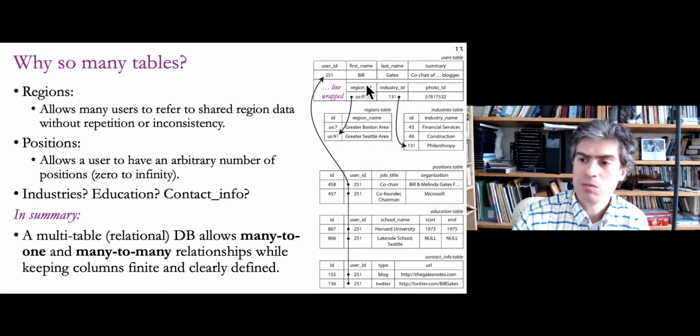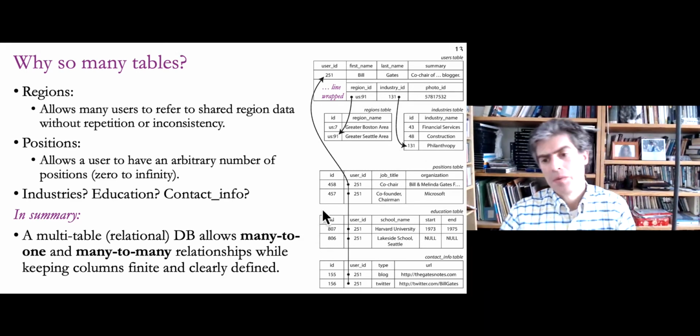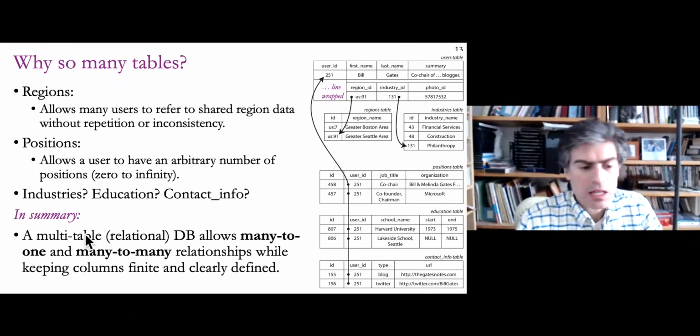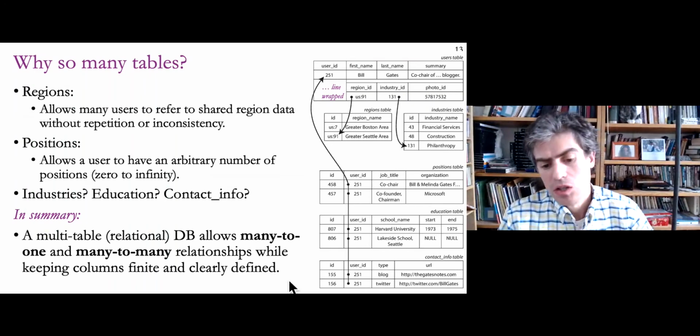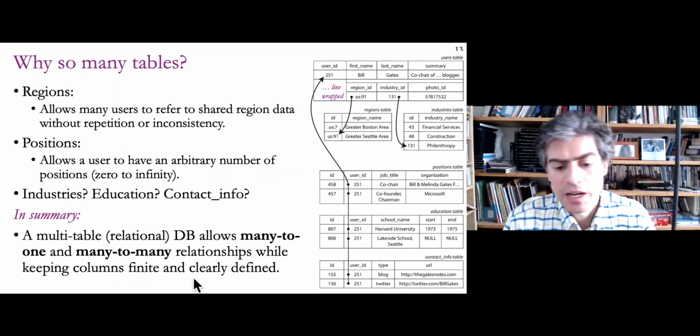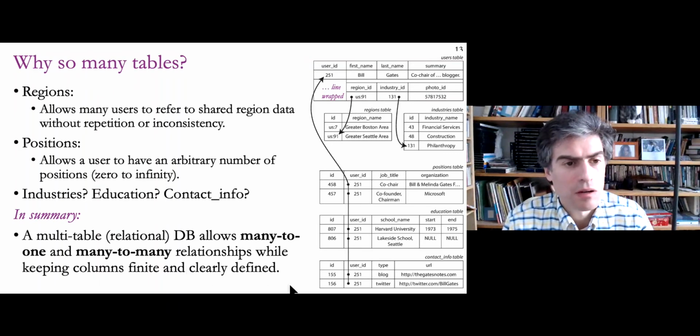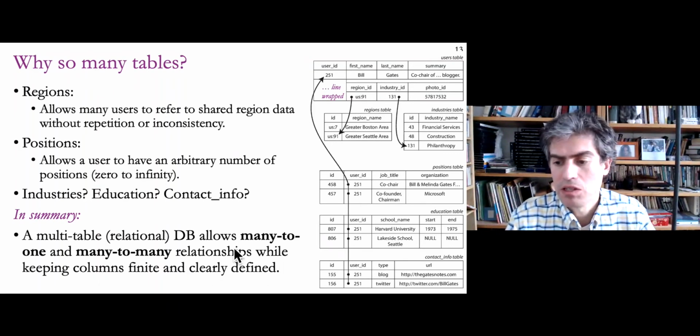Every region has many users, and many industries has many users. And there are users that link each region to an industry, but that's kind of stretching things a bit. But that's why you have multiple tables, to have many-to-one, many-to-many relationships, while having the columns finite and clearly defined, which is a requirement and a good feature of relational databases.